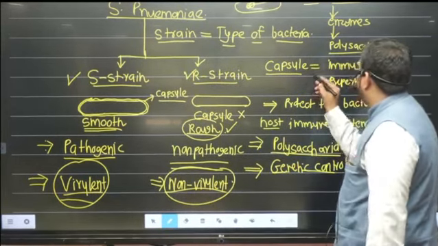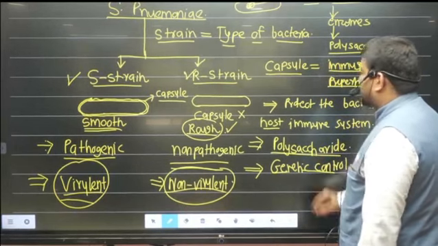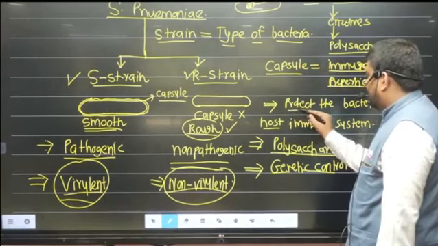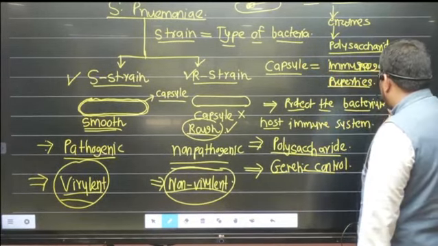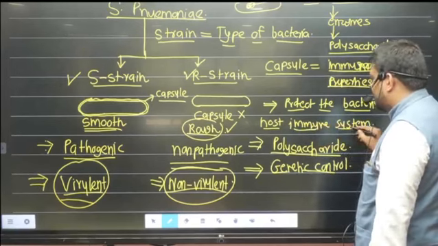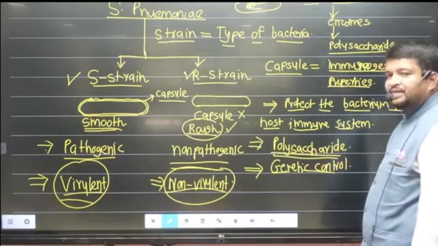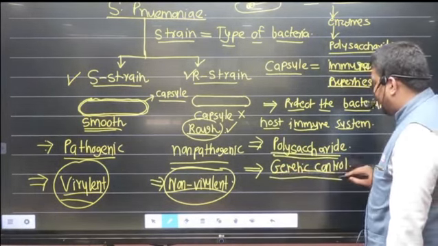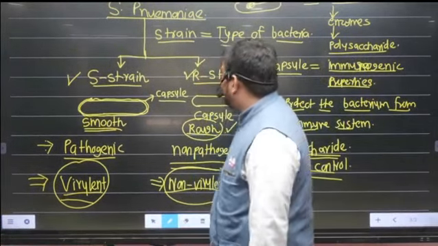First point, the capsule has immunogenic properties. Second point, regarding its function, the capsule protects the bacterium from the host immune system. Third point, the capsule is a layer of polysaccharides. Fourth point, the formation of the capsule is under genetic control.